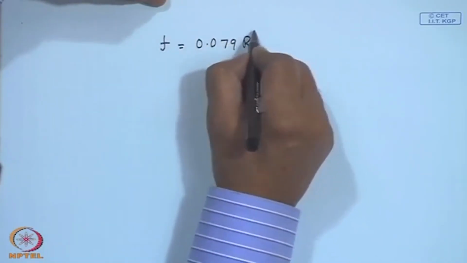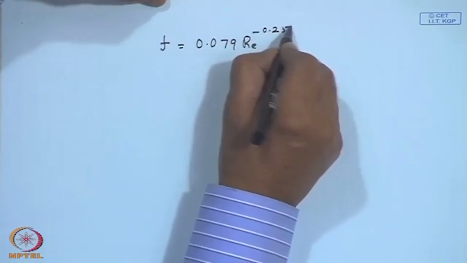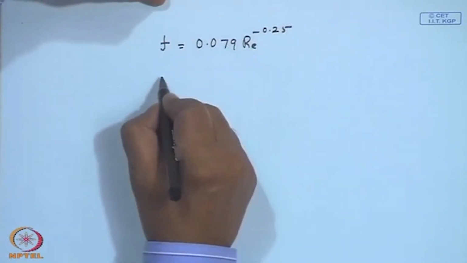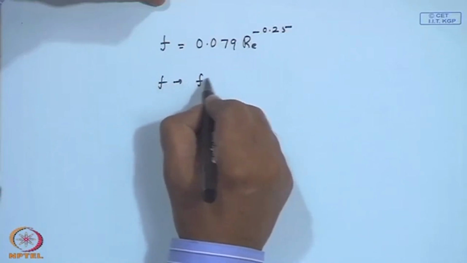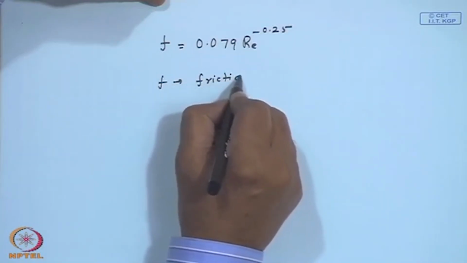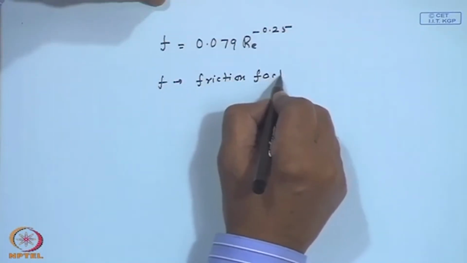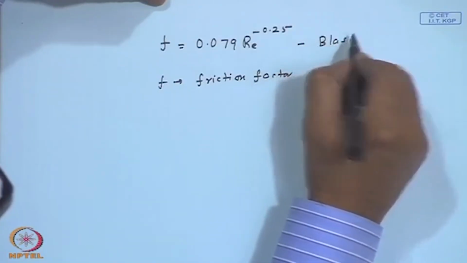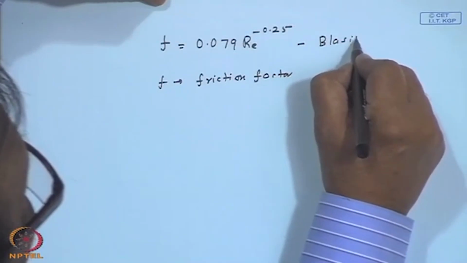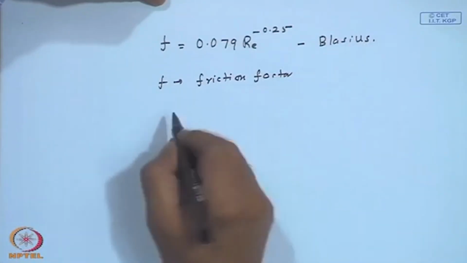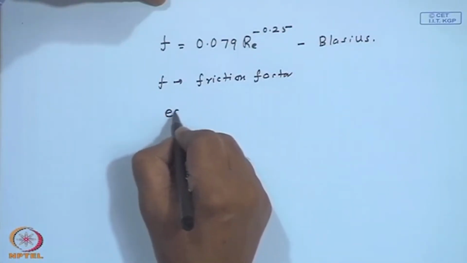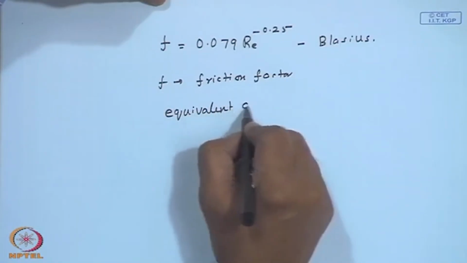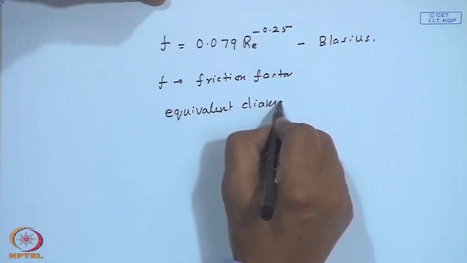So, this is the pressure drop, this F is the friction factor, this is due to Blasius, the famous 1/4 power law. This is also at equivalent diameter, D or D naught.